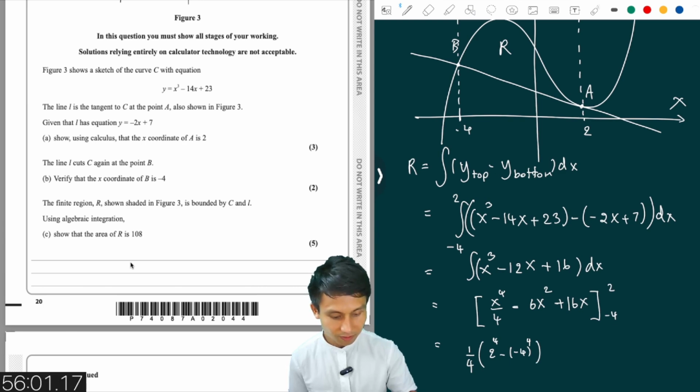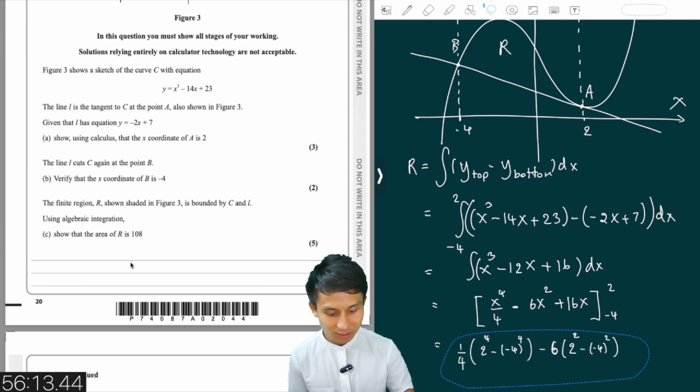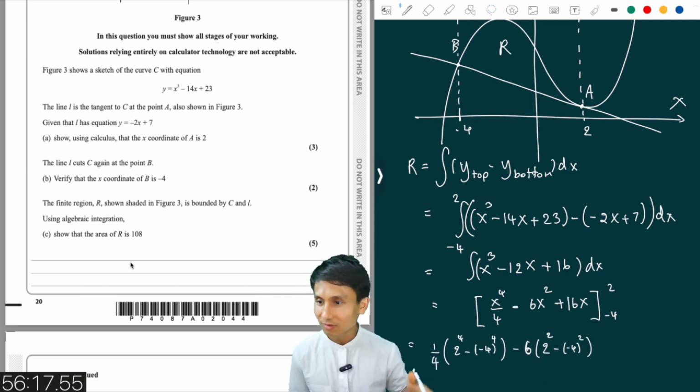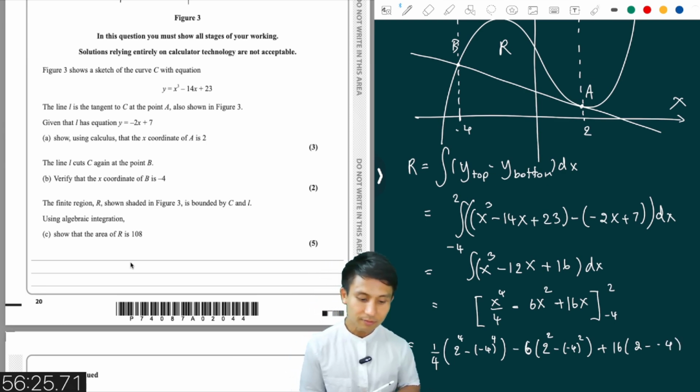That's done for the first term. The second term I put 6 out. And then I do 2 squared minus 4 squared. Yeah? And that's going to happen for all the terms. You're going to write less using this method. That's why I prefer this method. And it's less confusing for the sign, for me. 2 minus 4. Yeah? Just that.